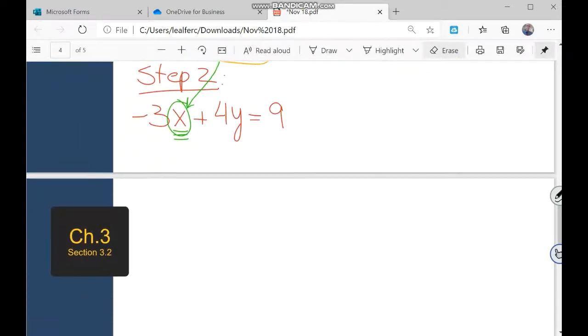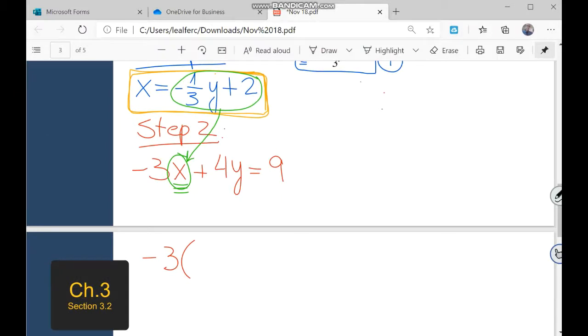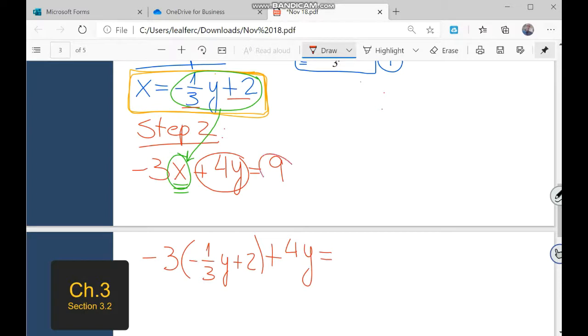Let's get more space, and okay. -3 times an x, which is this expression here, -1/3y plus 2. So this is x. Repeat this, plus 4y equals, repeat this, equals 9.